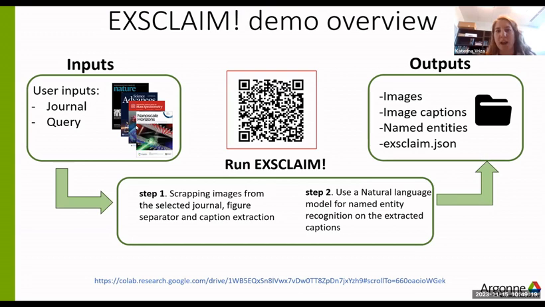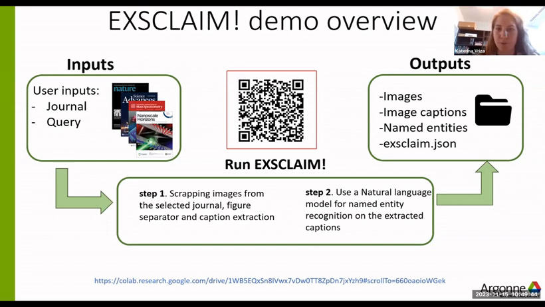So now we're going to try ourselves to do this process I described. We will start by running the Colab notebook. We will give our queries, and then we'll scrape images and text, and then we will use the extracted captions to recognize some entities, and then see how we save our entities.